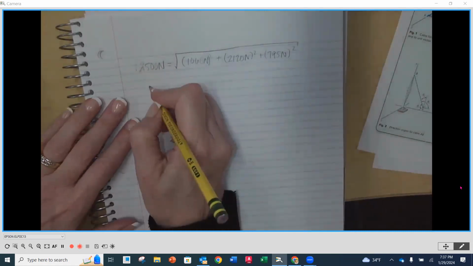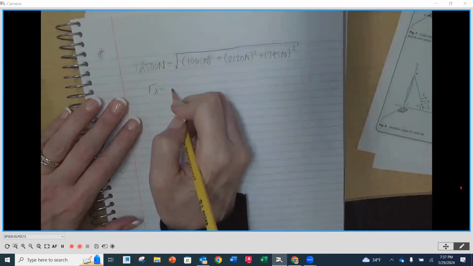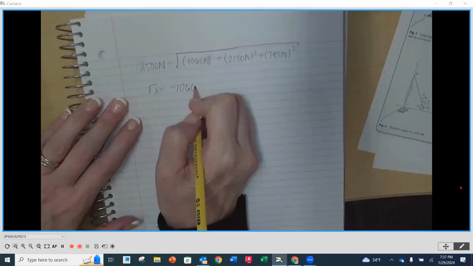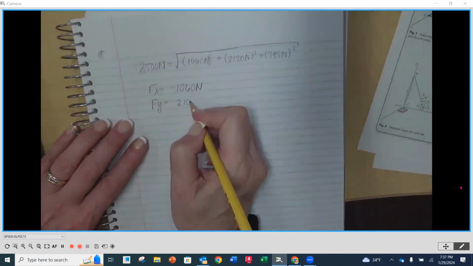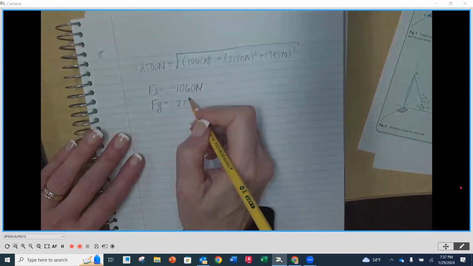That's part of our final answer, right? We got the components. So we can say that our Fx is equal to a negative 1060 newtons. That means that it's pointing towards the left, the negative direction of the X. The Fy component is 2120 newtons.